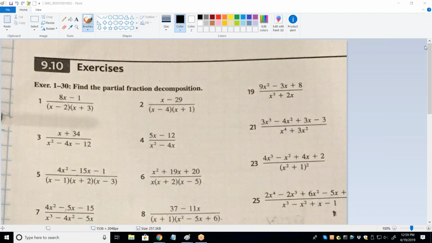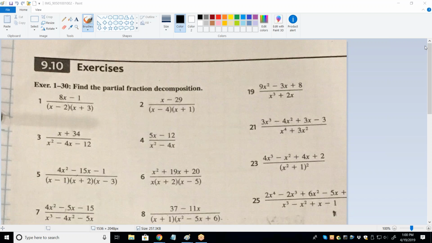Now, this is an interesting subject. I've actually had 8th graders that get this subject, and yet it only comes into application when you're doing integral calculus.